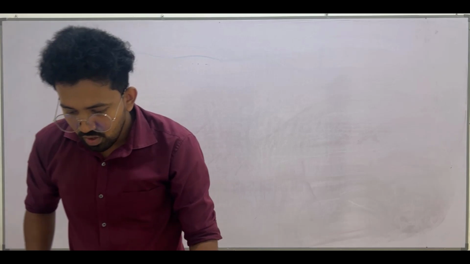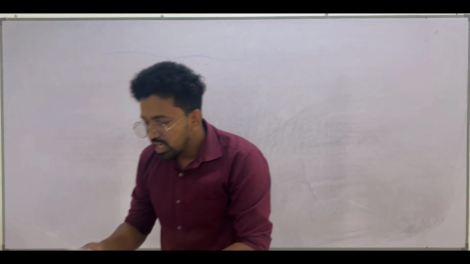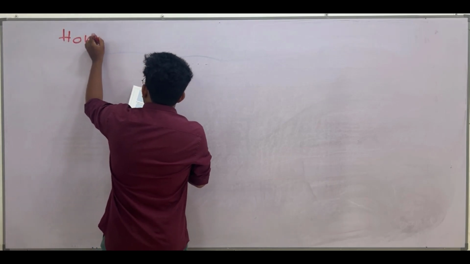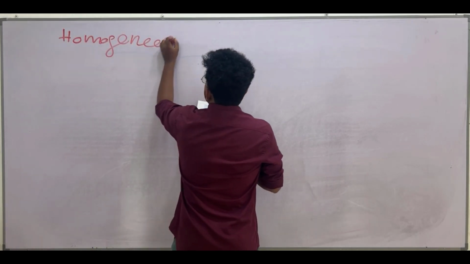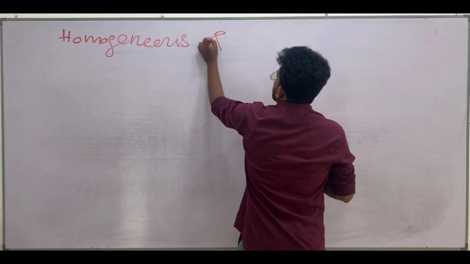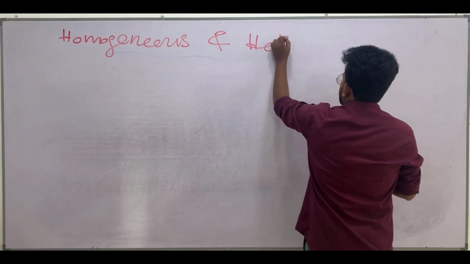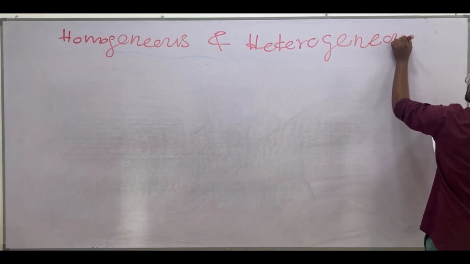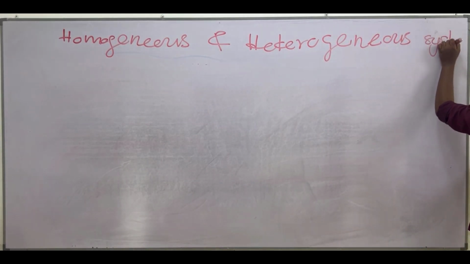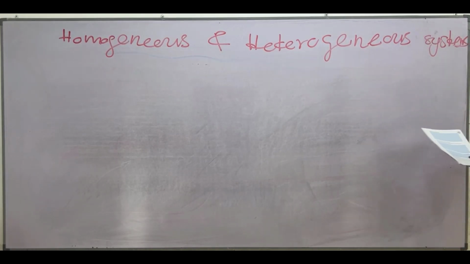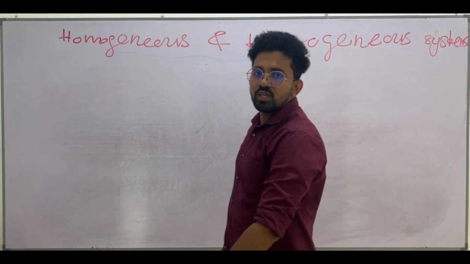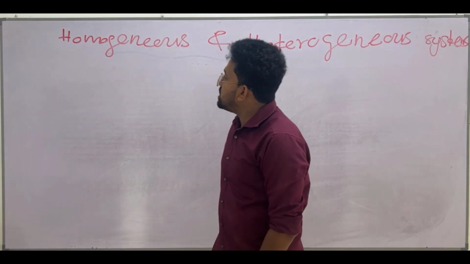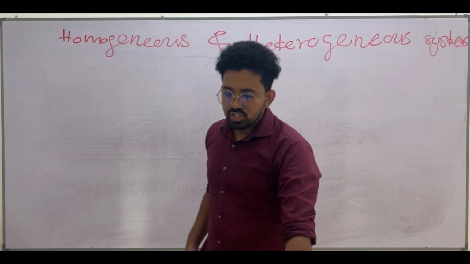What is the next one? Homogeneous and heterogeneous systems. Write down the topic. Now again, there are two types of systems: homogeneous systems and heterogeneous systems.